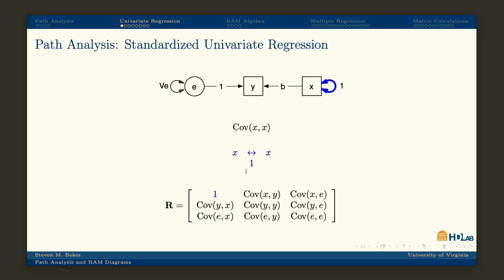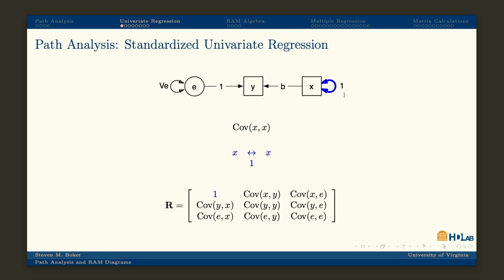Okay, so where does that appear in the regression or the correlations between all of my variables? What are the covariances between all of my variables? And in this case, the variance of X goes in the 1, 1 position in the covariance matrix, right?